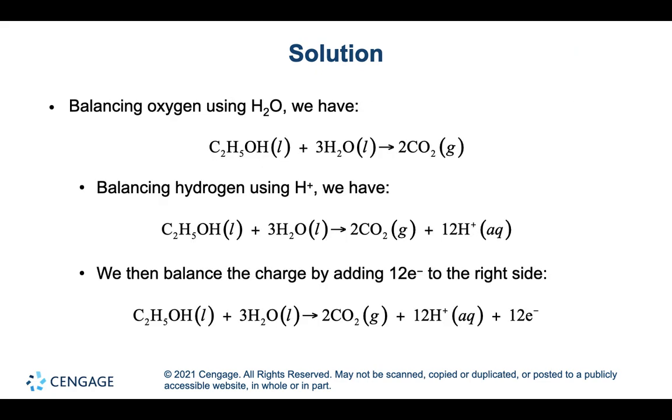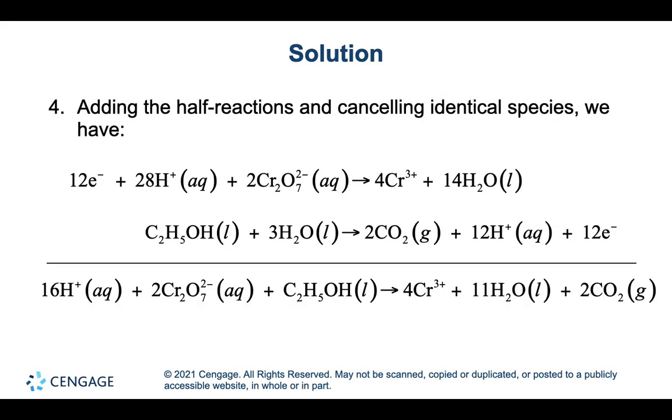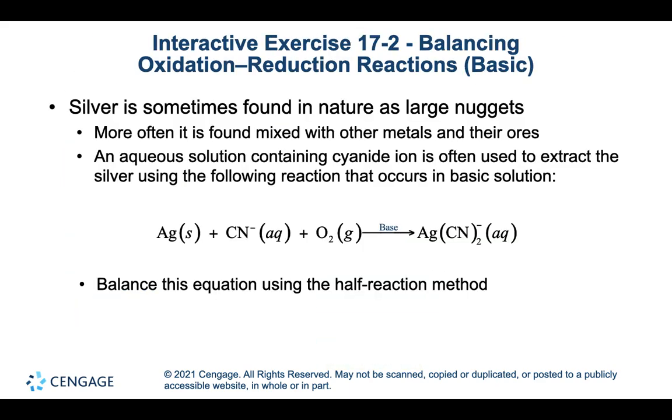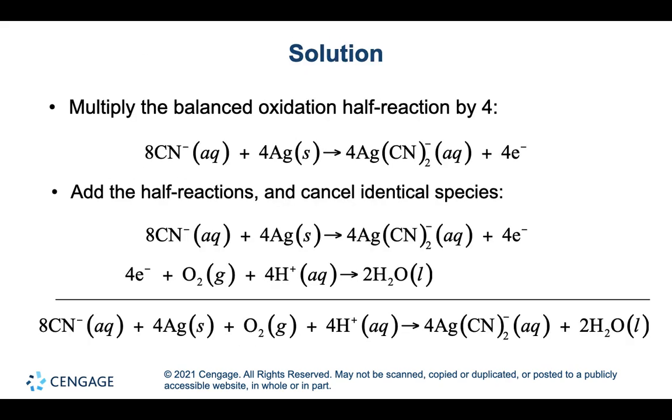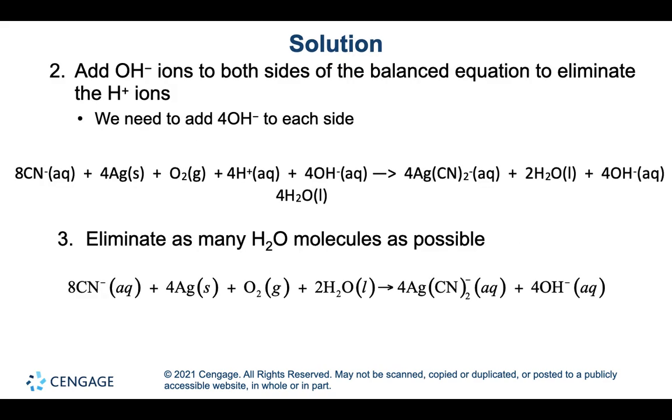For acid solutions, we use H plus and H2O. For base solutions, we still use H plus and H2O, but when we are done at the end, we convert our H pluses to waters using OH minuses on both sides, and then eliminate the waters on both sides that are redundant. And then we have our final balanced equation that has OH minus in it for base solutions instead of H pluses, which would be appropriate for acid solutions.